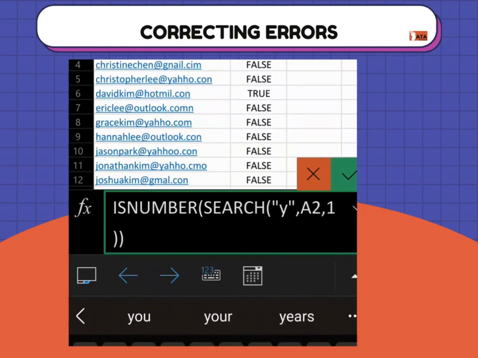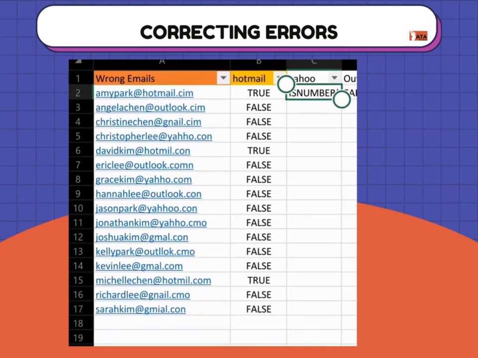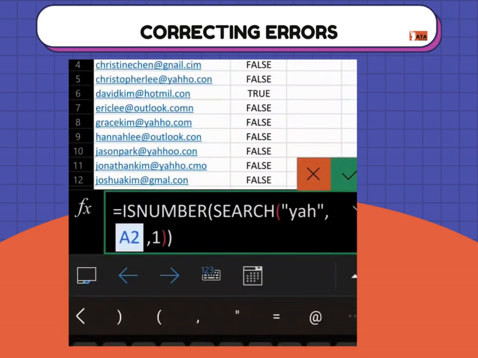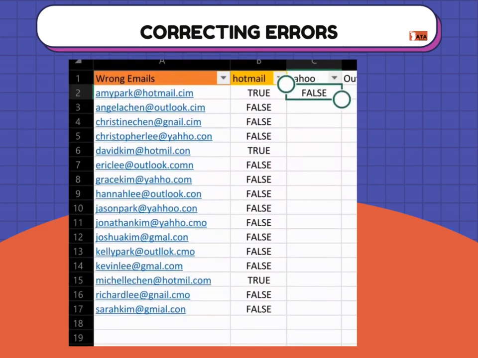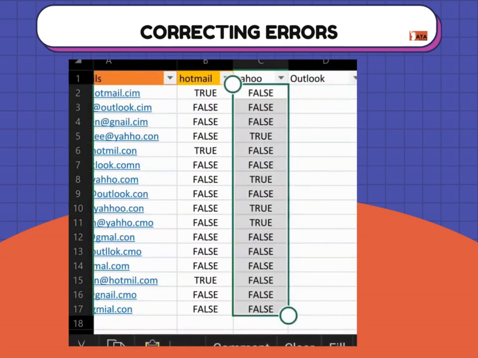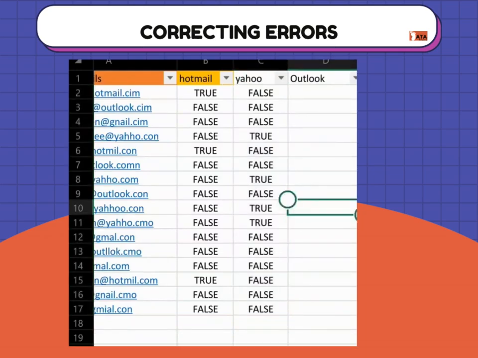I'm going to be using YAH, because having looked through the email addresses, I can see that most of them started with YAH. That's why I decided to use that as a sample. If you don't have YAH in all the Yahoo mails, please use similar text so that you have adequate results. You can see those that look like Yahoo have returned true, using the same approach.